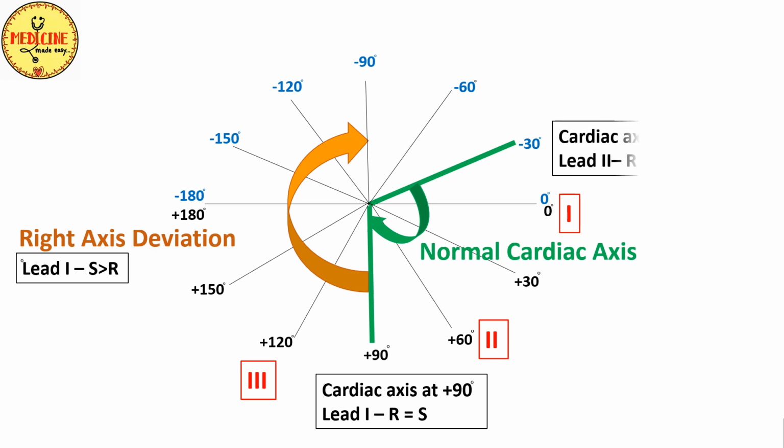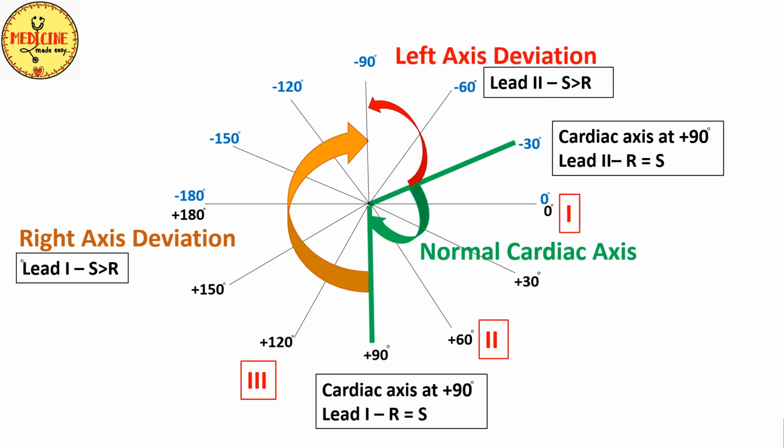If the cardiac axis lies at minus 30 degrees, which is perpendicular to lead 2, we will have R wave equal to S wave in lead 2. Once the axis starts moving beyond that, that is in left axis deviation, the S wave becomes greater than the R wave in lead 2.